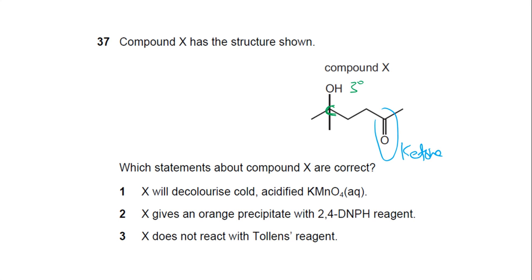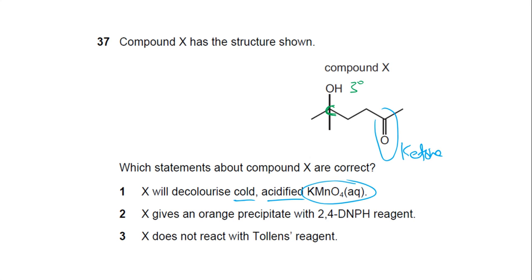So now let's look at the options. Statement 1: X will decolorize cold acidified KMnO4. There are actually two problems with this statement. First of all, a ketone will not get oxidized. That's the purpose of KMnO4, oxidation. So we can forget about that.